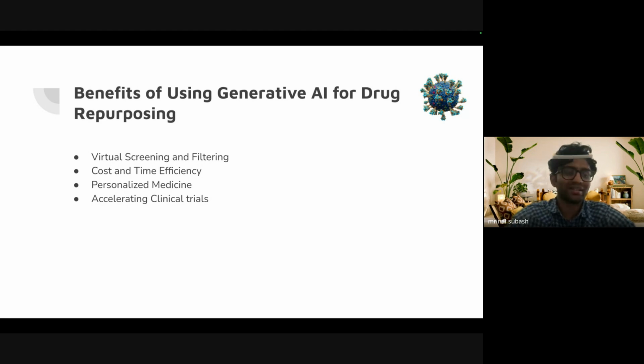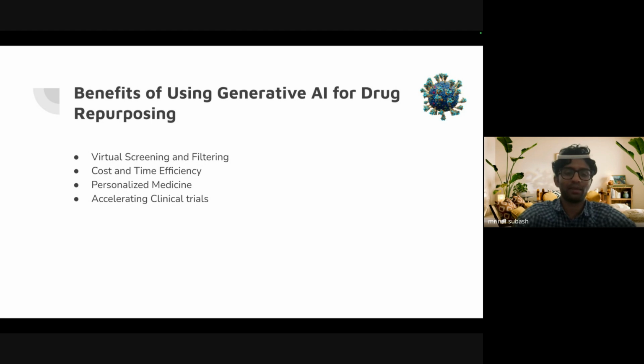Another thing is accelerating clinical trials. AI can assist in designing more efficient clinical trials by identifying the most promising drug candidates. This can reduce the failure rates traditionally associated with drug development.